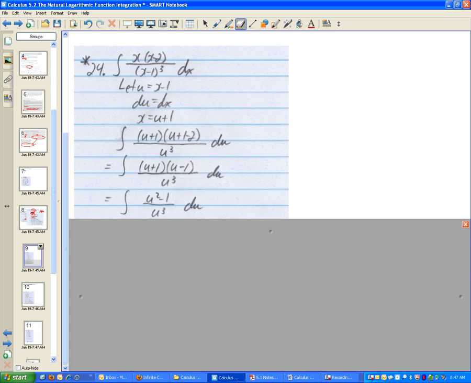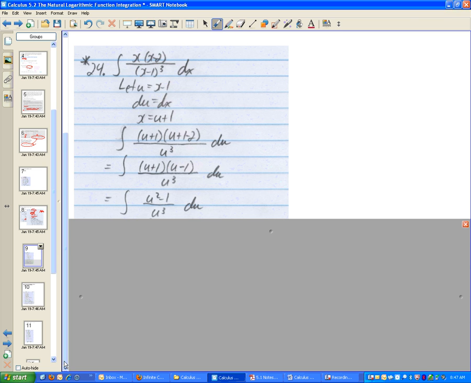Squared minus cubed. Divide. All right, and here's how I want to write it.